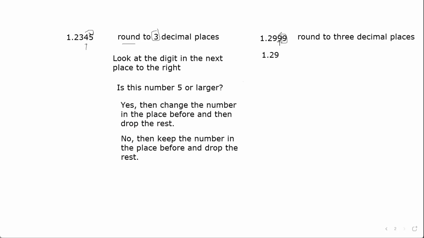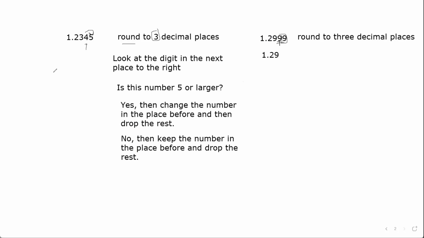So what has to happen here is I actually end up changing 2 digits. This is 299. This is not going to become 29, but I need a 10.